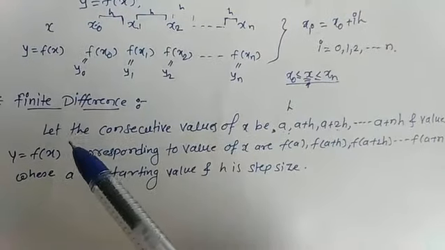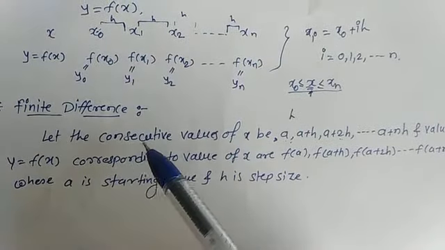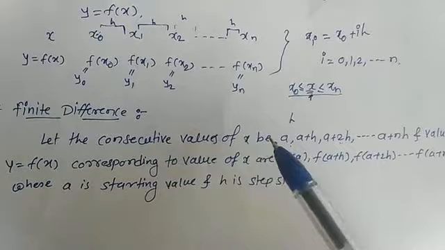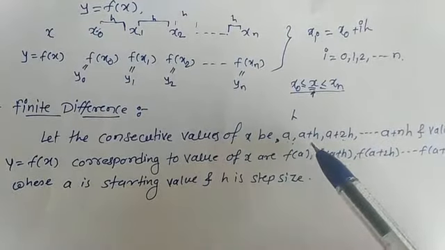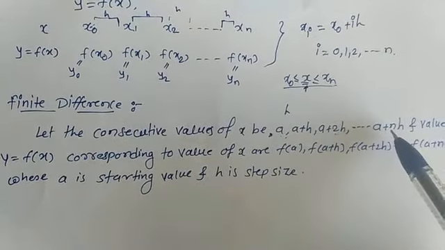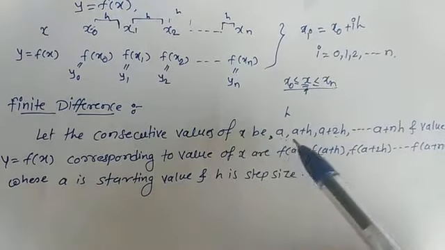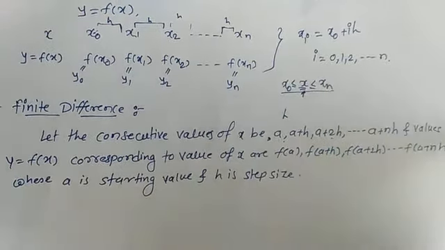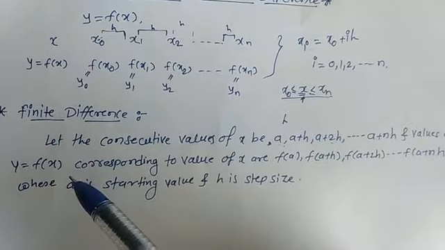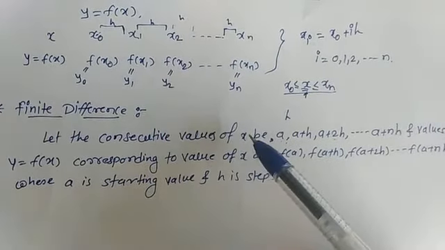Now the first point is finite difference. In finite differences, the consecutive values of x are a plus h, a plus 2h up to a plus nh, which are n plus 1 values of x, and values of y, f of x, corresponding to the values of x.